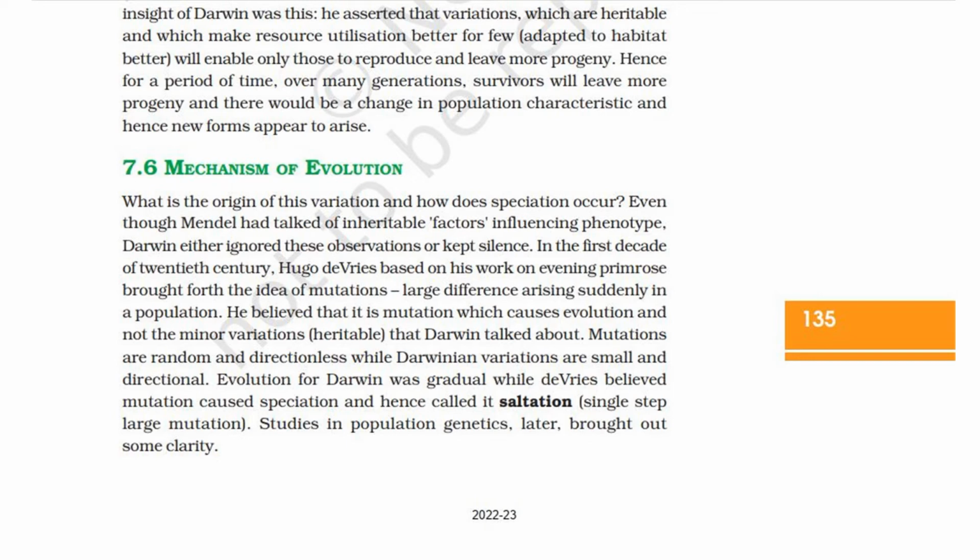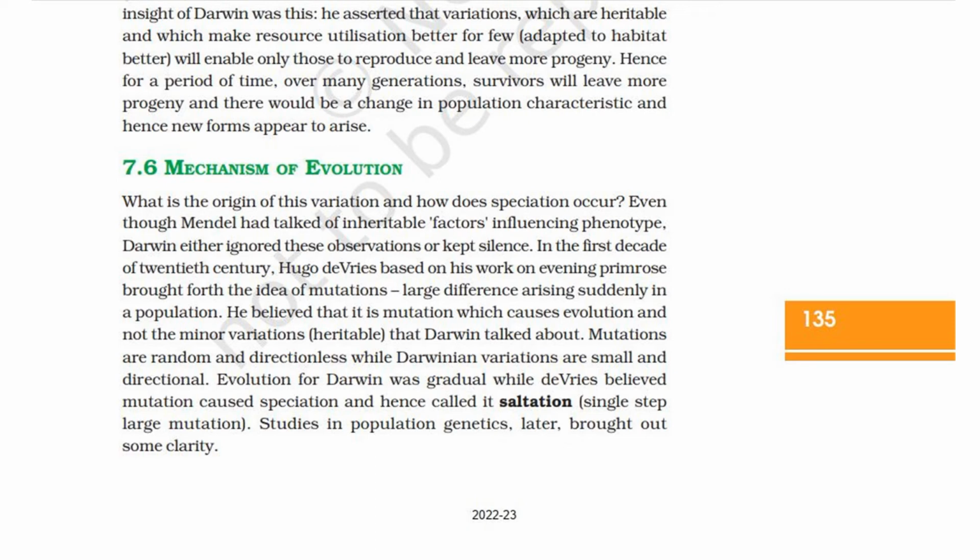Mechanism of evolution. What is the origin of this variation and how does speciation occur? Even though Mendel had talked of inheritable factors influencing phenotype, Darwin either ignored these observations or kept silence. In the first decade of 20th century, Hugo de Vries, based on his work on evening primrose, brought forth the idea of mutations, large difference arising suddenly in a population.